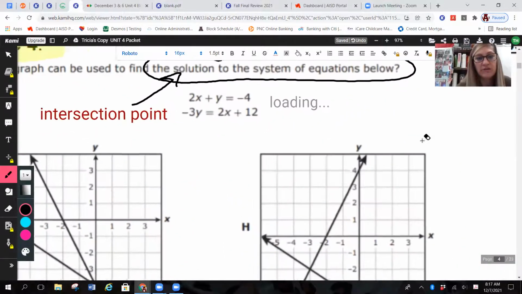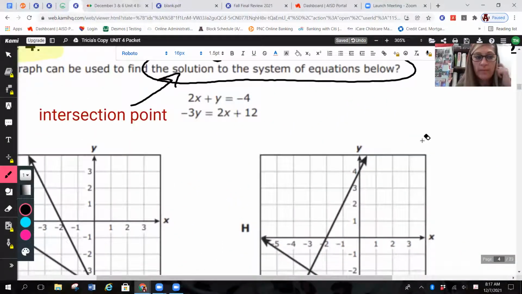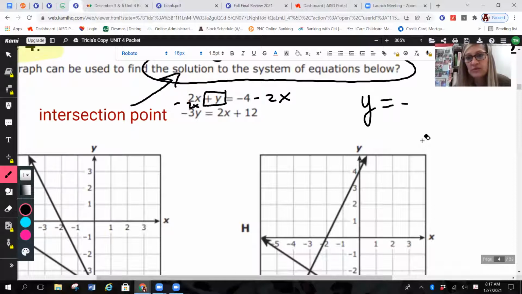If we want to solve the top equation, remember, we're going to box the y, move the x. That gives me y equals -4 minus 2x. We don't need to divide because y has a coefficient of 1. So we're done.